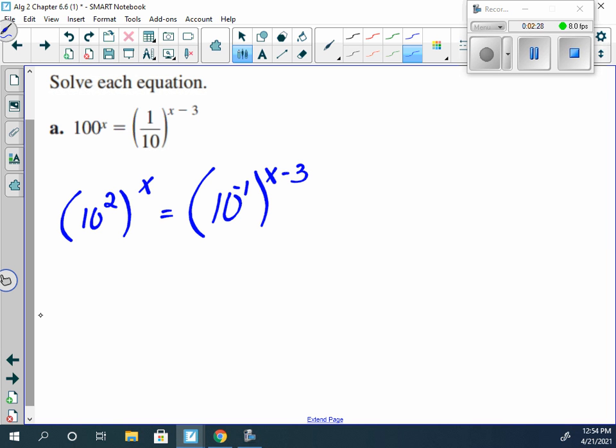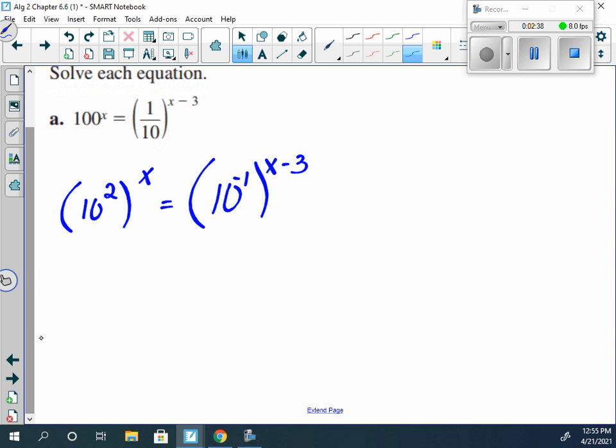And the reason we did that is now I have both of the bases on either side are both 10. They're both the same. So it means that the exponents have to be the same as well. Well, before we start setting them equal, it might be nice to just rewrite it. Because here, 10 squared to the x, well, powers of powers multiply.